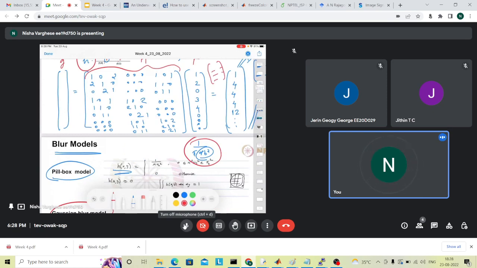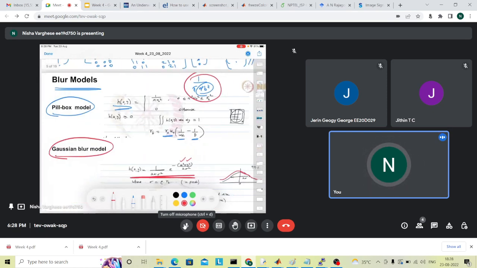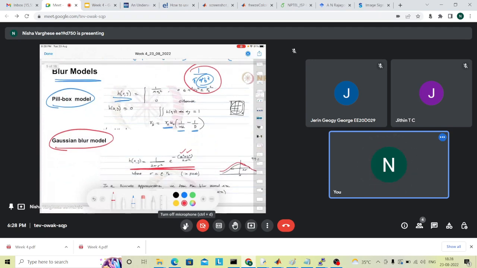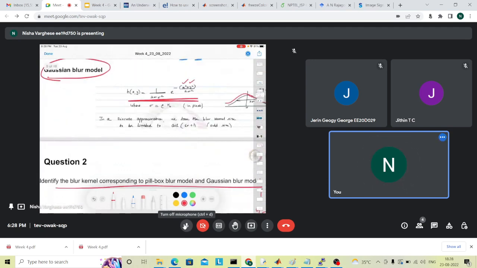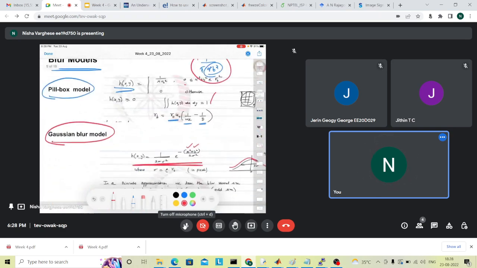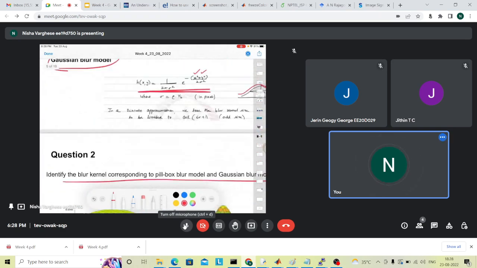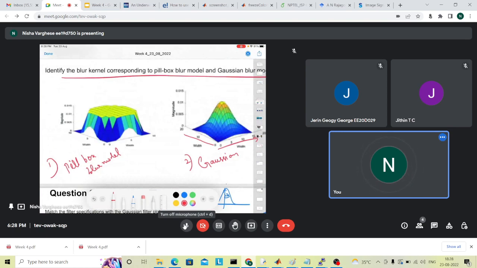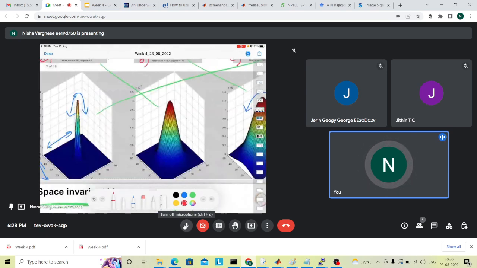Then I explained blur models, the pillbox model and the Gaussian blur model. Then we have one question regarding which type of blur kernel. The first one is the pillbox model, the second one is Gaussian. Then we have one question regarding standard deviation.